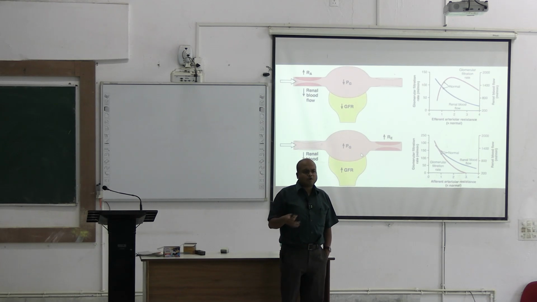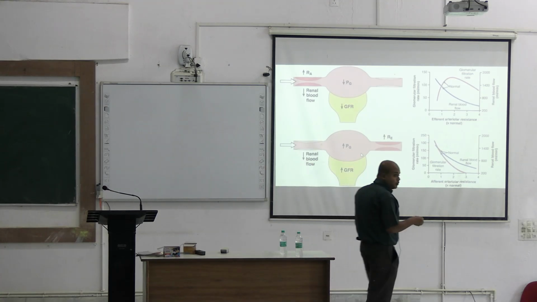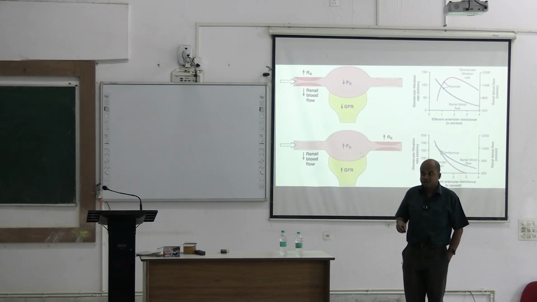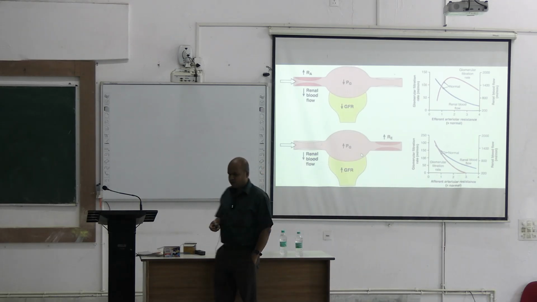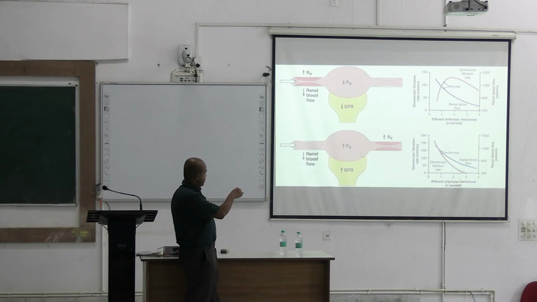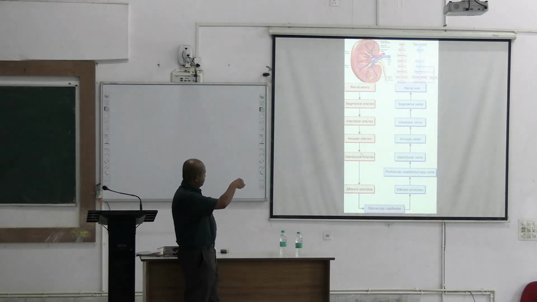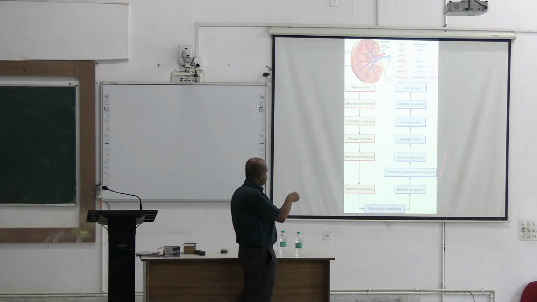So it is taken almost 20%. Renal plasma flow 20% is glomerular filtration rate, that means if it is 700 milliliter per minute, then it's 125, one-fifth of that. 20% of renal plasma flow is glomerular filtration rate. This again is just the summary of the renal circulation.